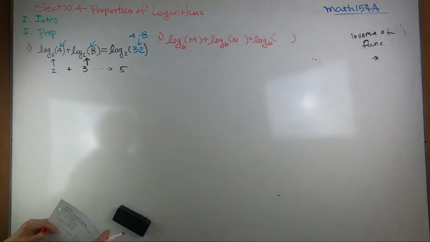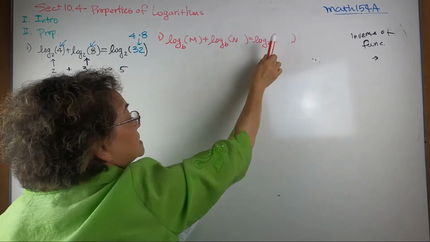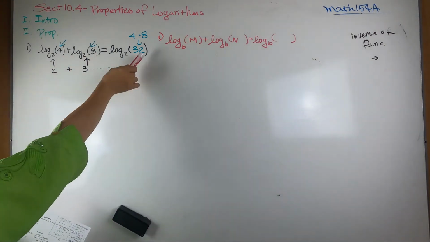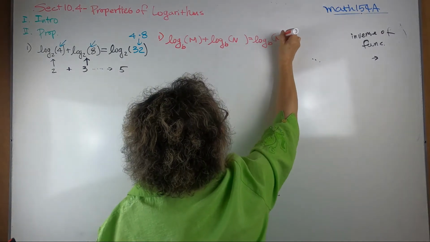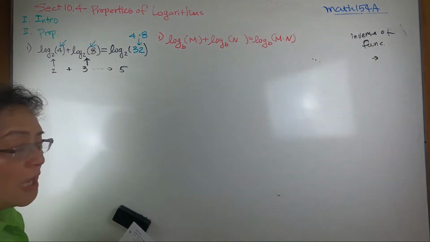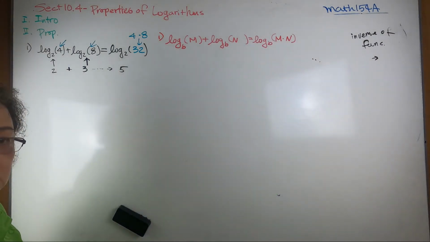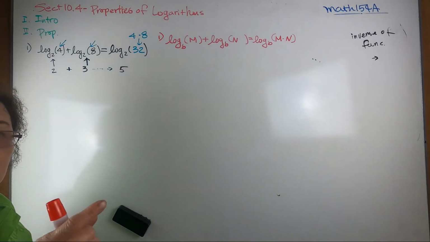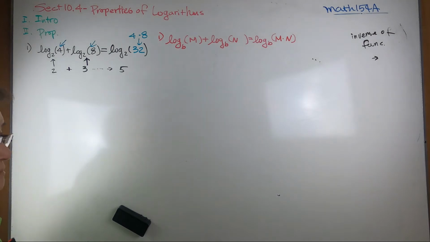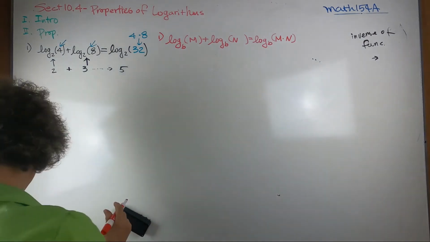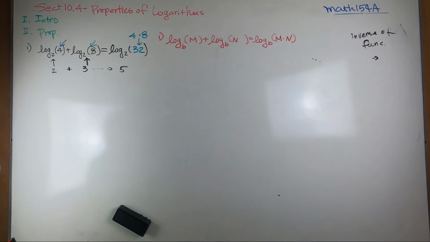Then how can I obtain the things inside? From the example you can see 4 times 8. So when you add two logs, then you multiply inside, okay? But remember, your log will look like what?